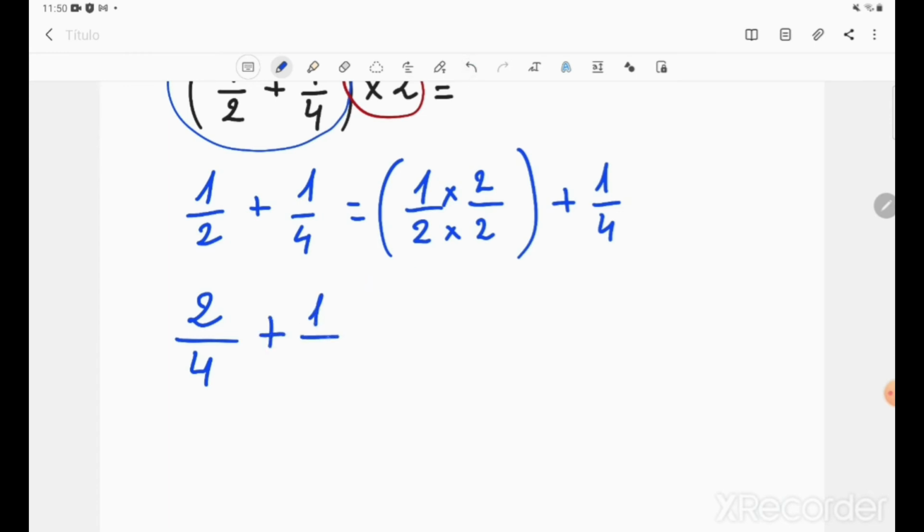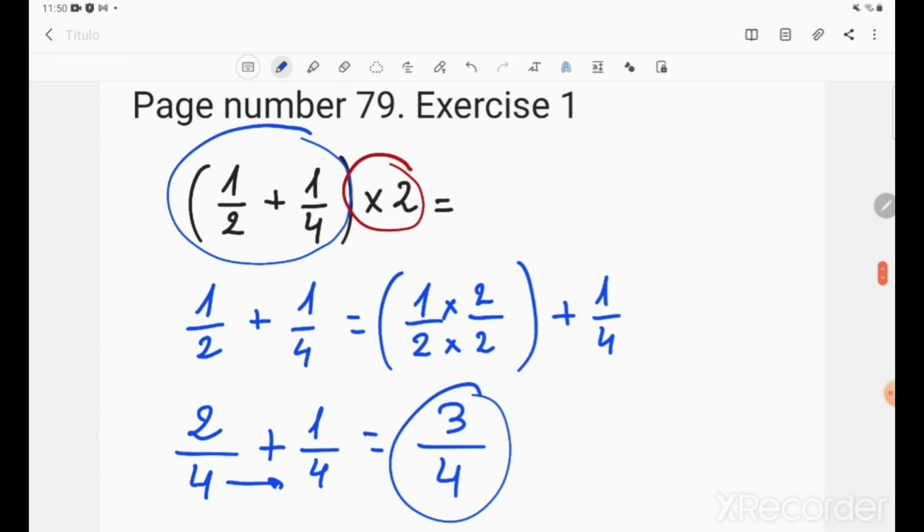Plus 1 over 4. And how much is it? The denominator stays the same, number 4. And we have this addition, 2 plus 1, that equals 3. So we know that this operation inside the brackets equals 3 over 4.